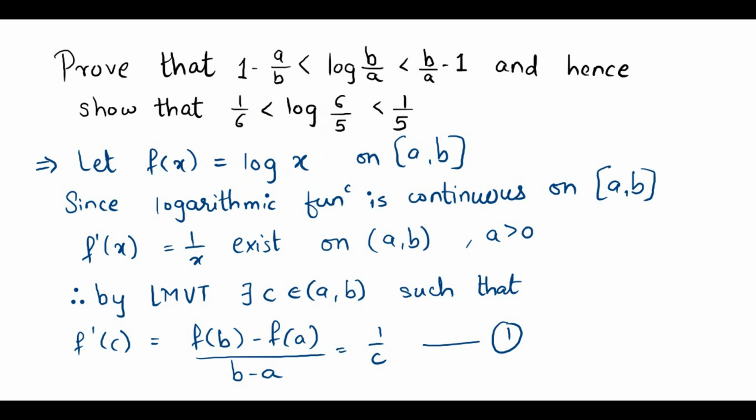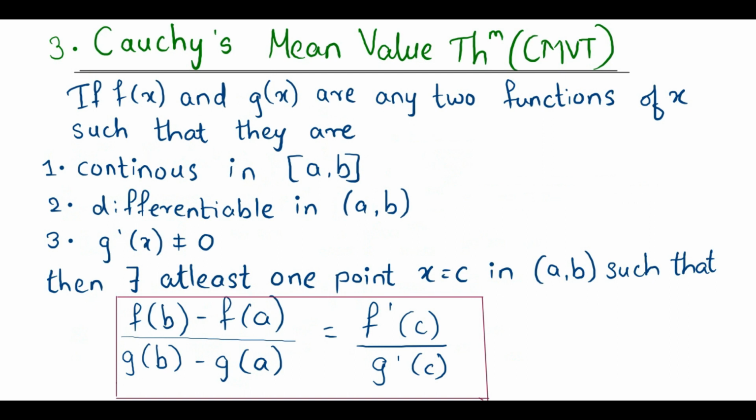Now let's move on to our third part, that is Cauchy mean value theorem. Here the first two conditions are the same, but see that we have two functions, f of x and g of x. In Cauchy's mean value theorem we have to take two functions.